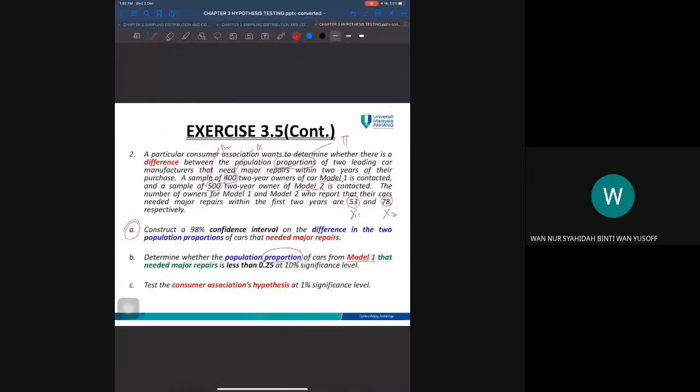Then H0, what is it? So the proportion of model 1 that needed major repair is less than 0.25. So pi 1 less than 0.25. Okay, just a simple hypothesis here.